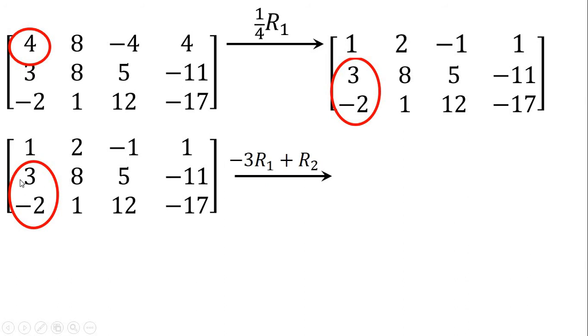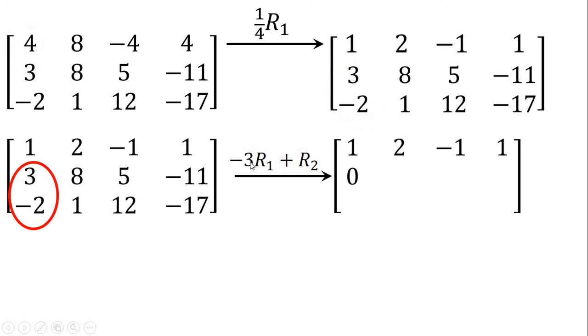So for the second row, I will multiply negative 3 to row 1 and add that to row 2. Why will I do that? So that I will get a 0 here. Let's see. I will simply copy the first row and the second row is transformed into negative 3 times 1, which is negative 3, plus 3 is a 0.